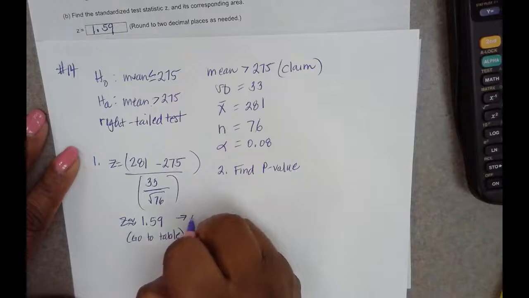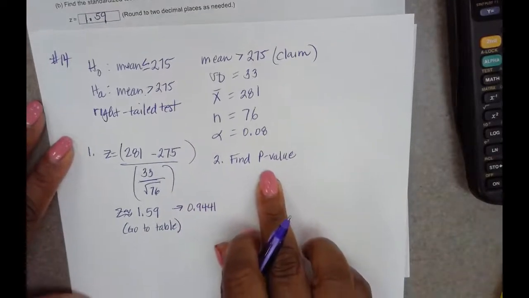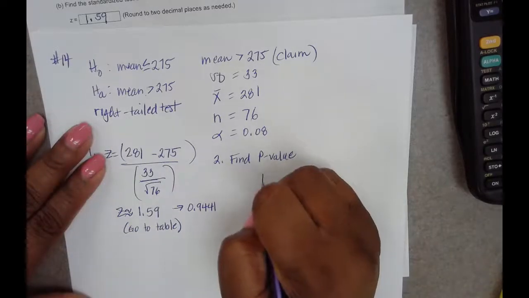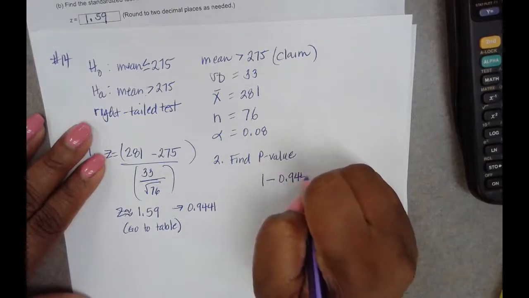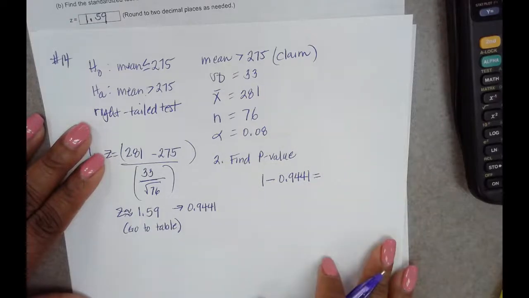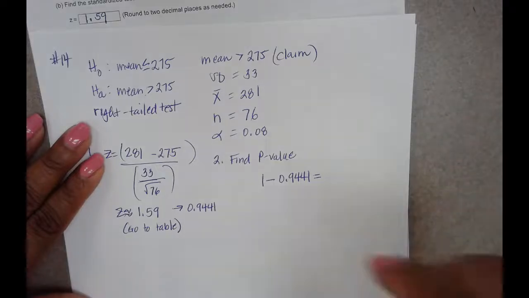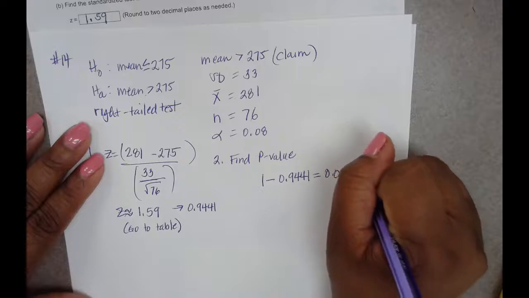So 0.9441. So to find the p-value for a right tail test, I do 1 minus 0.9441. When I do that, 1 minus 0.9441, I get 0.0559.